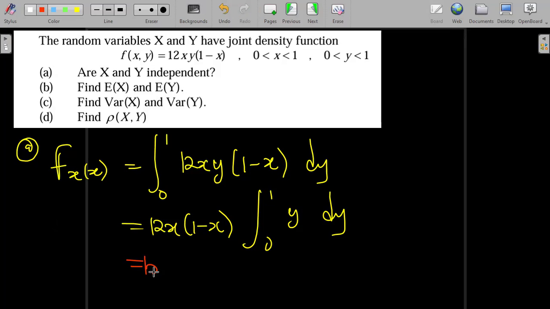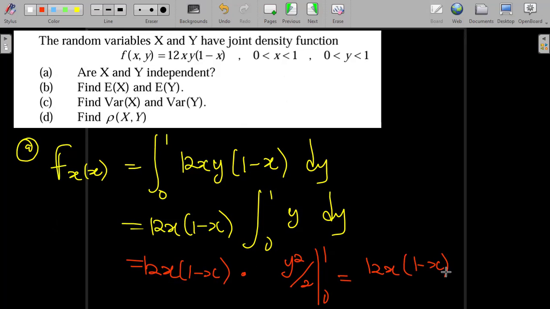The integral of y is y squared over 2 from 0 all the way to 1. So this will be 12x(1 minus x) multiplied by, substituting 1 for y, 1 squared over 2 minus 0 squared over 2.